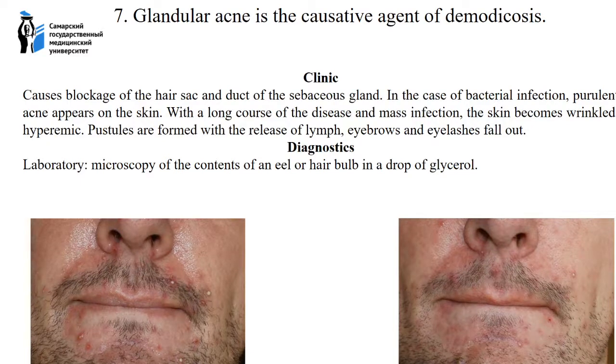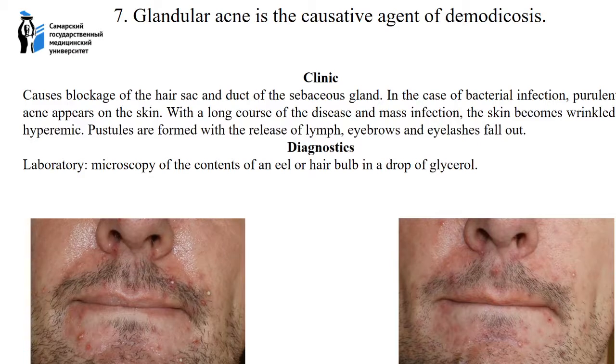Demodex folliculorum, the causative agent of demodicosis. The clinic: it causes blockage of the hair sac and duct of the sebaceous gland. In the case of bacterial infection, purulent acne appears on the skin.